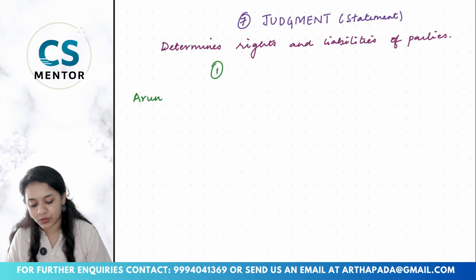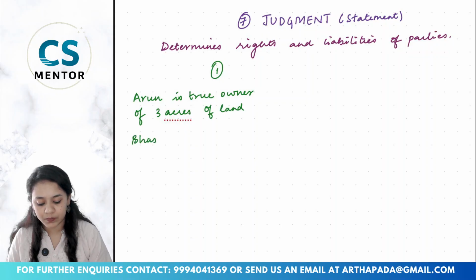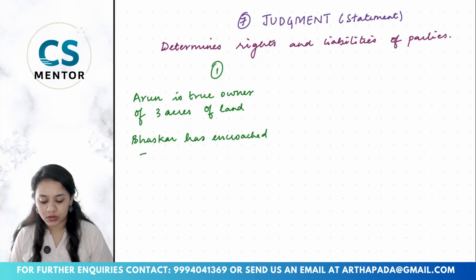So let's write that down. Arun is the true owner of 3 acres of land, and that Bhaskar has encroached upon the land, to the tune of 30 cents of land.